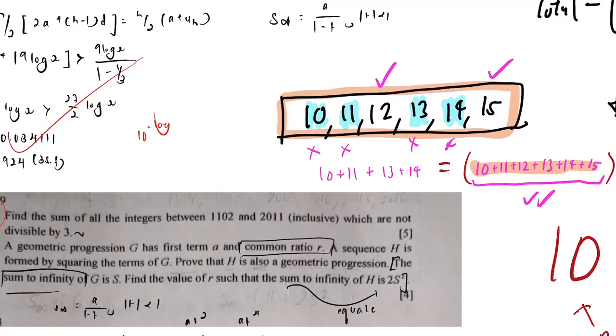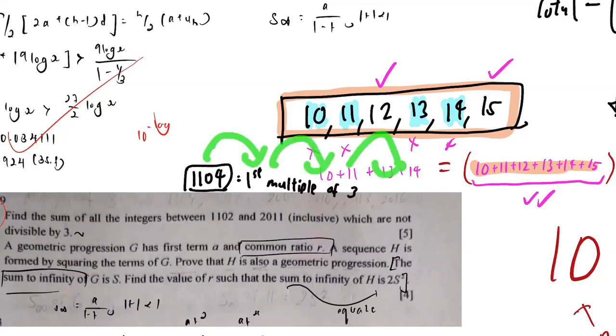Okay, so we identified our first integer that is divisible by 3. 1104 is our first multiple of 3, which means it's divisible by 3. Then we have to keep on adding plus 3, plus 3, plus 3 to get all of the integers which are divisible by 3.